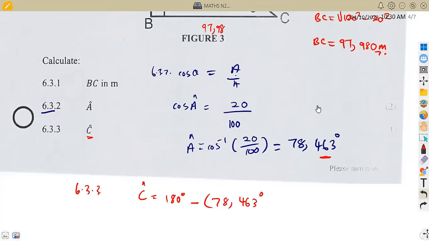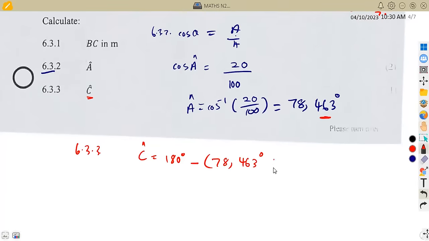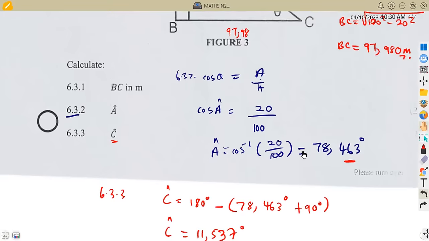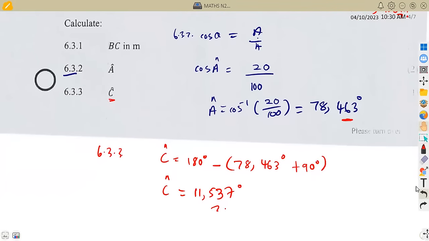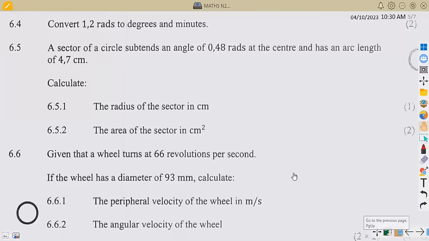Subtracting these two from 180 degrees gives angle C, which is 11,537 degrees. All right, so that was our question 6.33, having just 1 mark because it was a direct one.